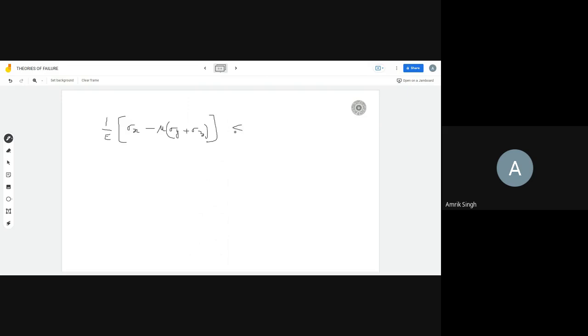This should be equal to sigma upon E, where sigma is the elastic limit of the stress.